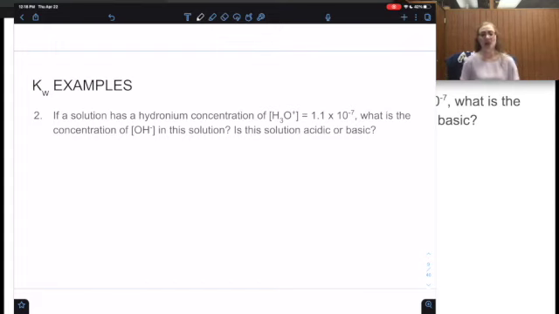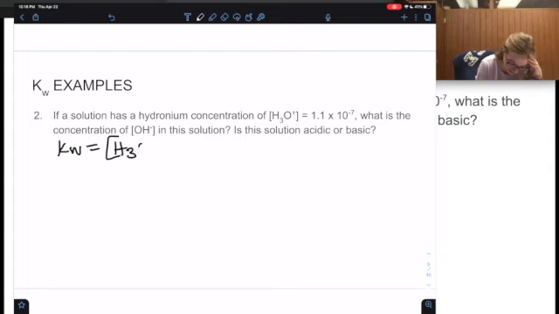So it looks like here I'm going to use that Kw equation again because I'm comparing concentrations of H3O+ and OH-. So my equation is going to be [H3O+] × [OH-] = 1.0 × 10^-14.